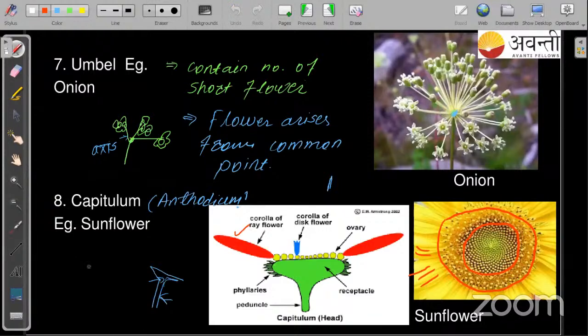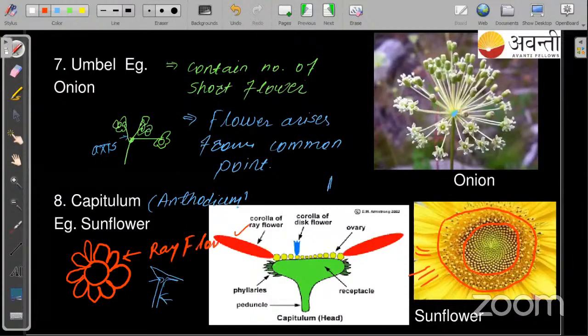For example, I am drawing the diagram of a sunflower here. So this outer part is the ray flower. Please remember this thing. At that side you can see these small flower-like structures, and these are known as the sessile flowers.